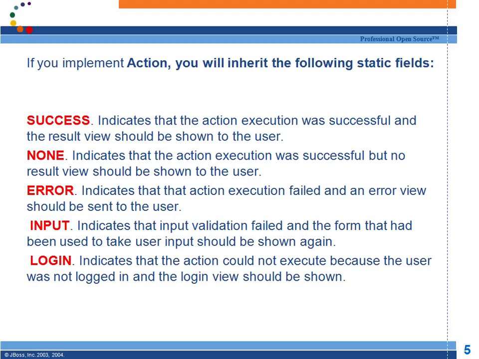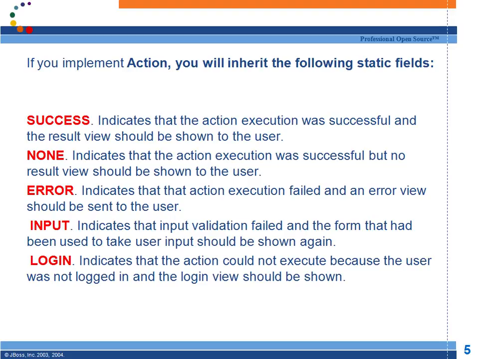Error indicates that action execution failed, and an error view should be sent to the user. If your execute method is returning error, then which result will be displayed? A result with name error will be displayed. A result tag with name equal to error will be displayed if your execute method is returning this. Input. If your execute method is returning input, then a result tag may have name equal to input.